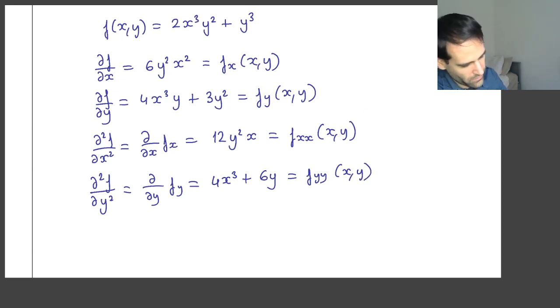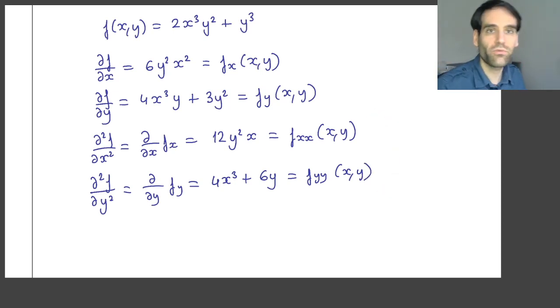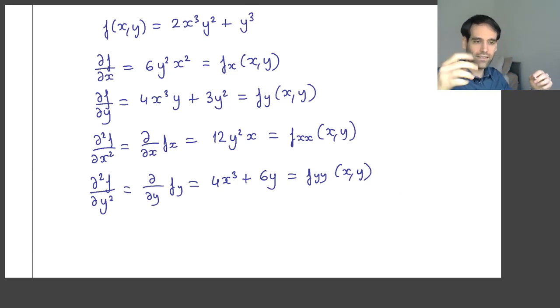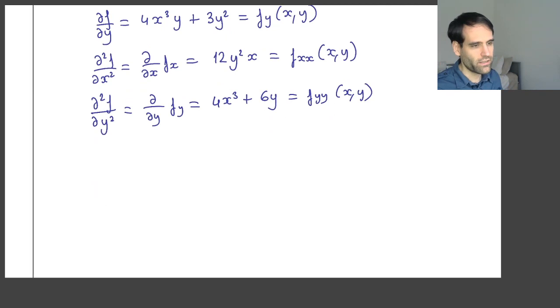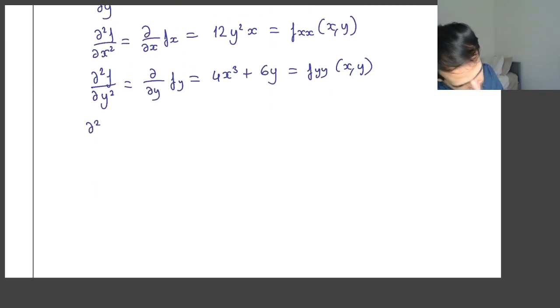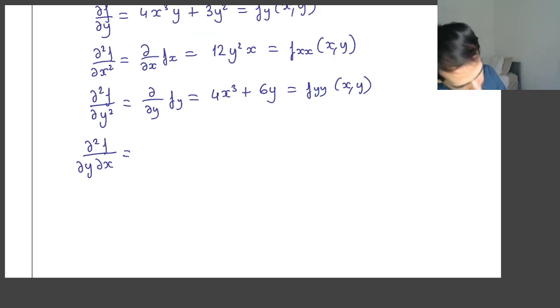So these are 2 of the second order partial derivatives, but we still have to calculate 2 more, right, when we mix the variables. So let's start by doing the second order partial derivative of f with respect to y with respect to x. Okay, so this means we do the partial with respect to y of f x.